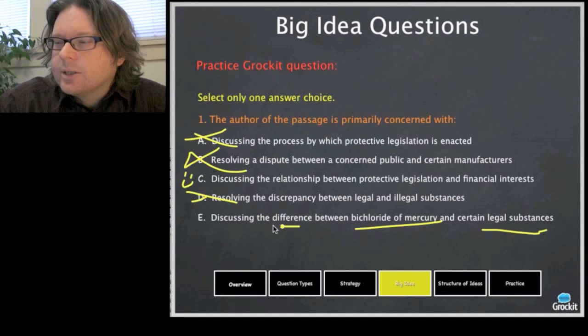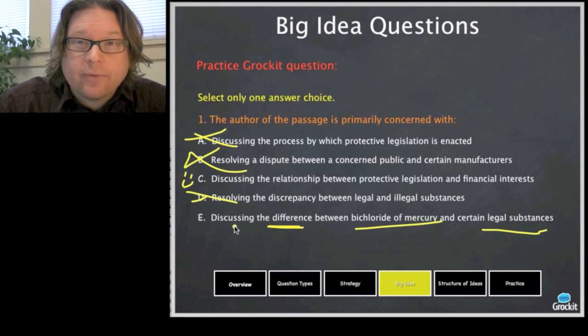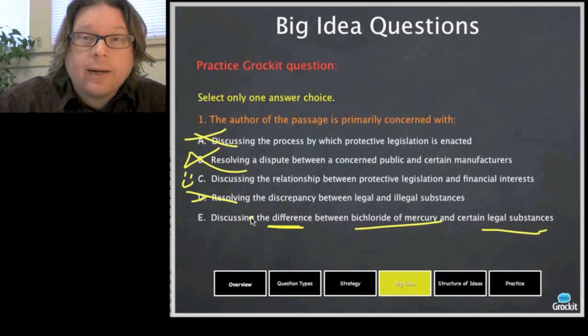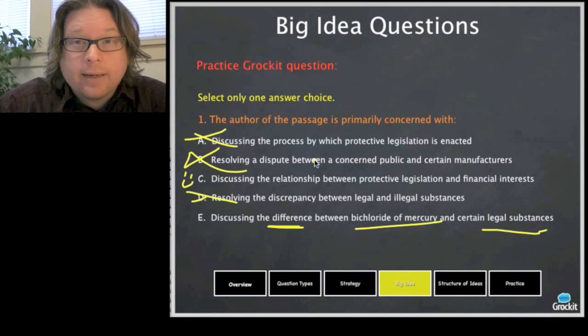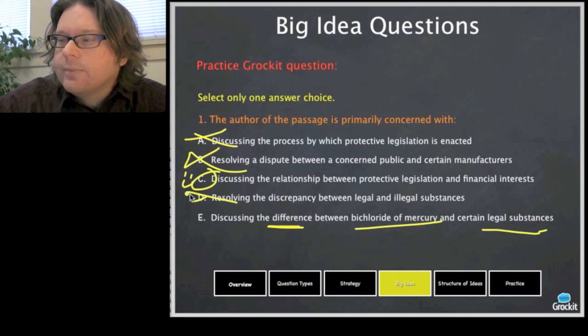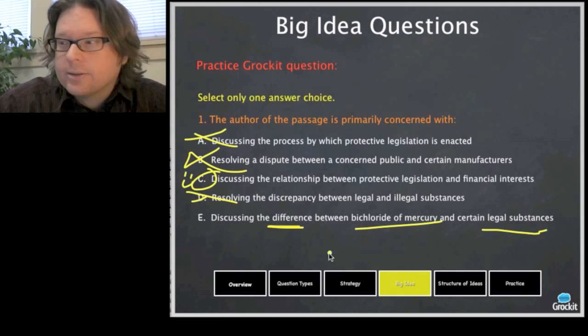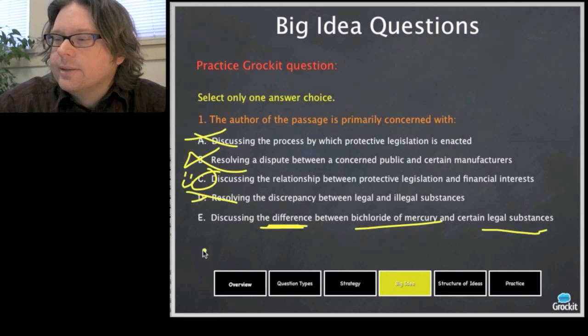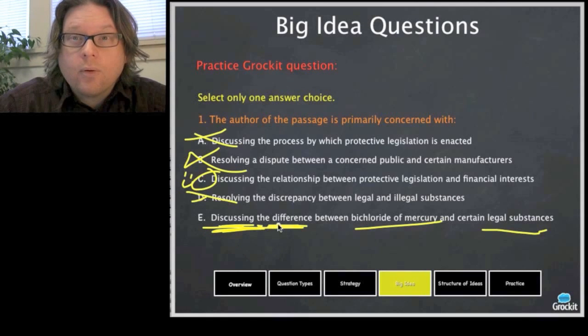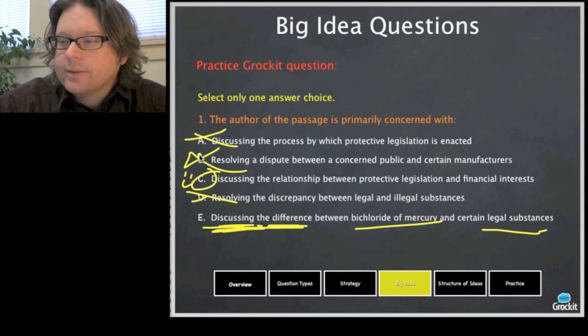But we're not hearing just any difference. We're hearing a very specific difference, namely about protective legislation and the financial powers behind a given drug. So choice C is a much better example of what the author was primarily concerned with, because we don't hear about chemical differences or anything like that. It's more setting up this idea that money matters. So choice C.